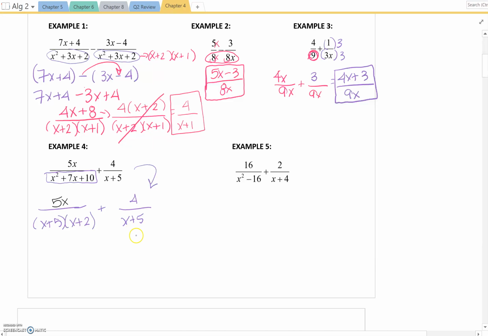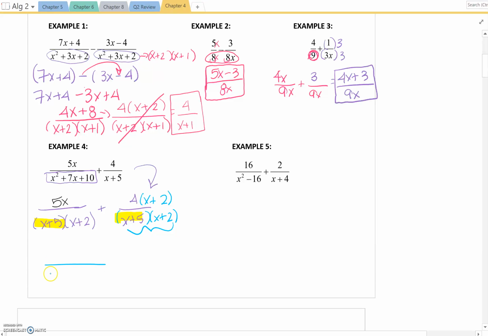Now, if you look at the denominators, you already have an x plus 5, so this is taken care of. The factor that the right-hand side fraction does not have is x plus 2, so I need to multiply this by x plus 2. Sorry, x plus 2. And this by x plus 2. You do not need to multiply this back together.